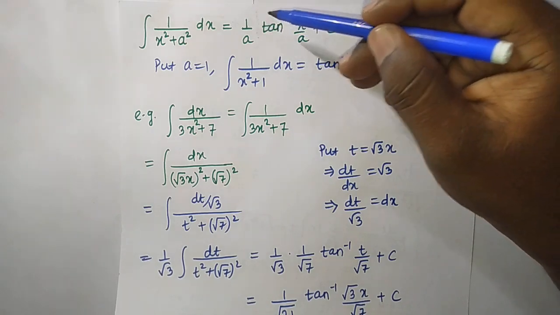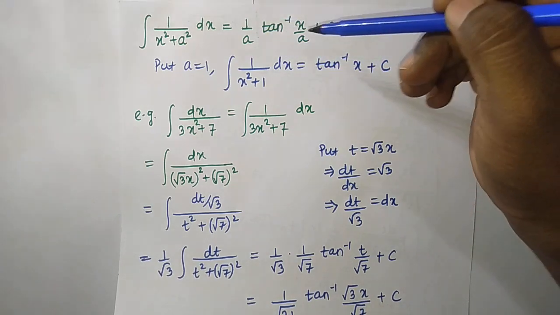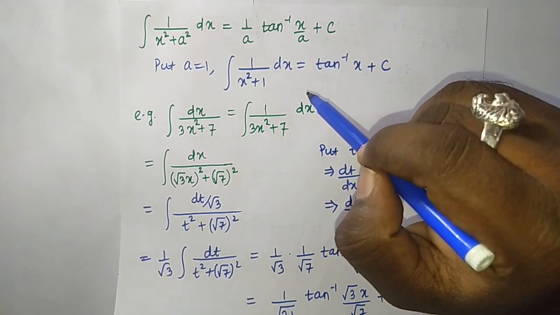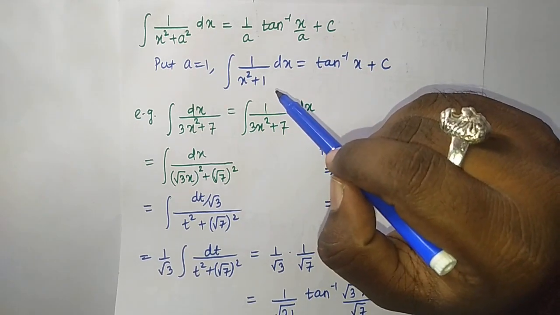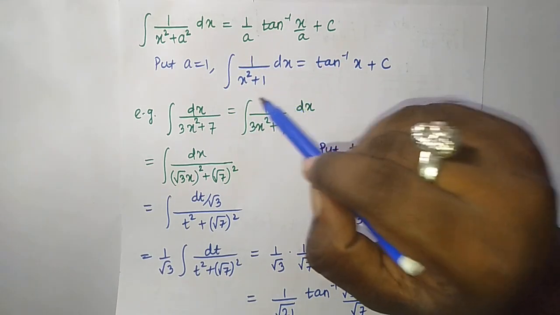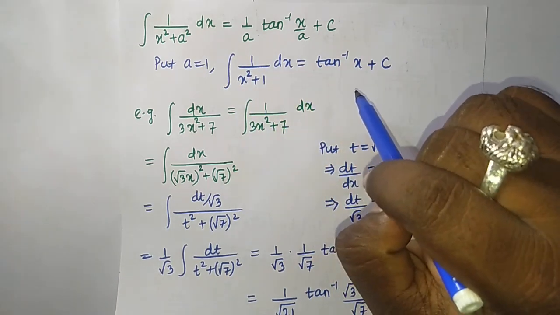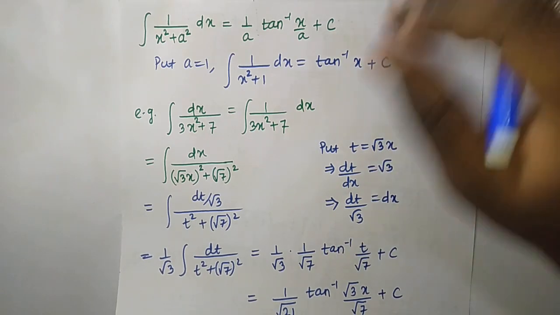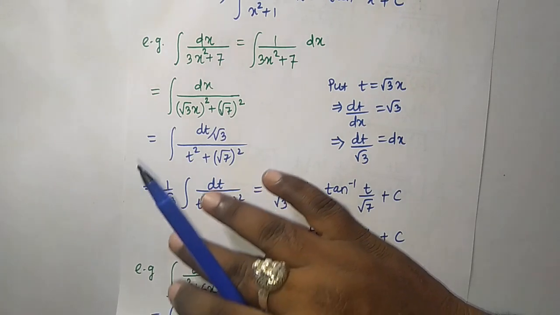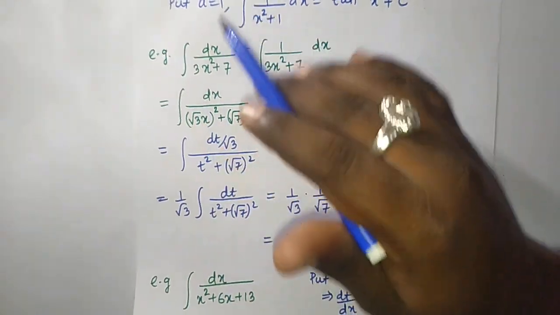So 1 by 1 is 1 and x by 1 is x, so tan inverse x. This is particularly the tan inverse x formula. Integration of 1 by x square plus 1 is equal to tan inverse x plus c, that you already know. Okay, let's solve some more examples on this formula.